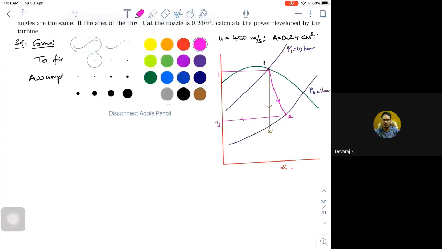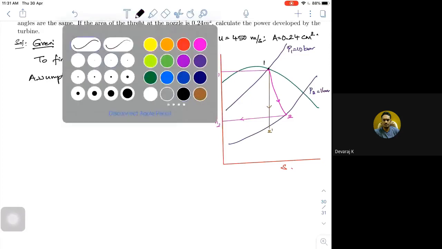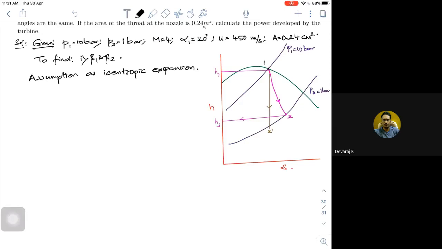So what is my enthalpy drop? The enthalpy drop, that is your delta H, is equal to H1 minus H2.